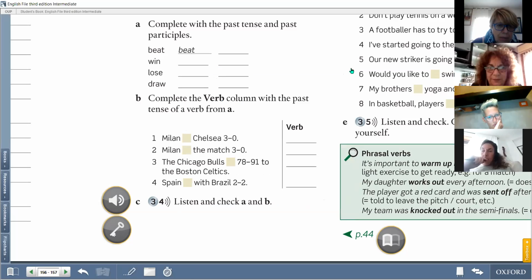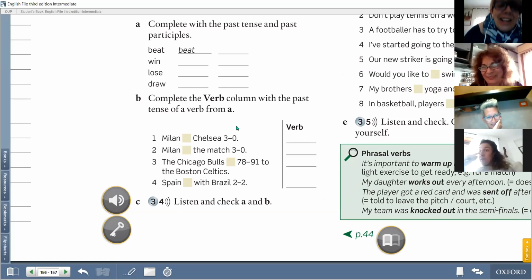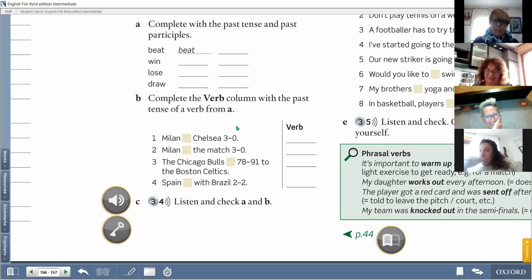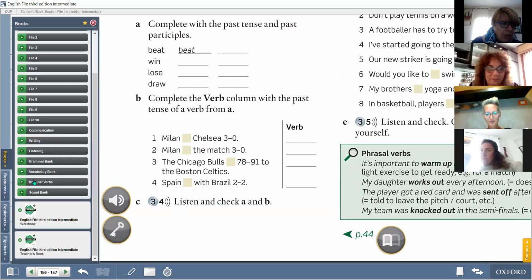Ok, perfetto. Questi verbi irregolari, chiedo scusa Anna, tu li hai fatti già studiare nelle precedenti? Allora, i verbi irregolari li troviamo in tutti i livelli. Alla fine di ogni libro ci sono tutti i verbi irregolari principali. Infatti li troviamo qua, vedi? Irregular verbs.